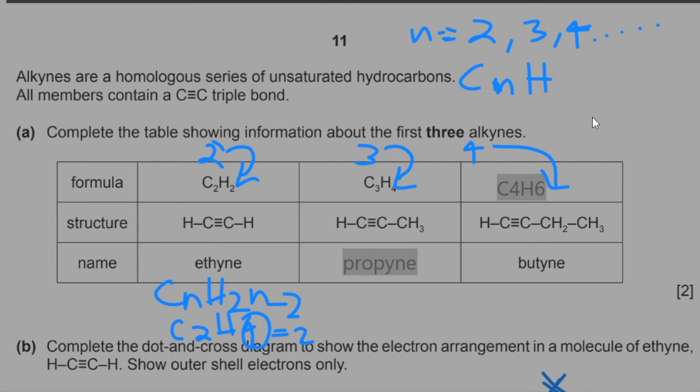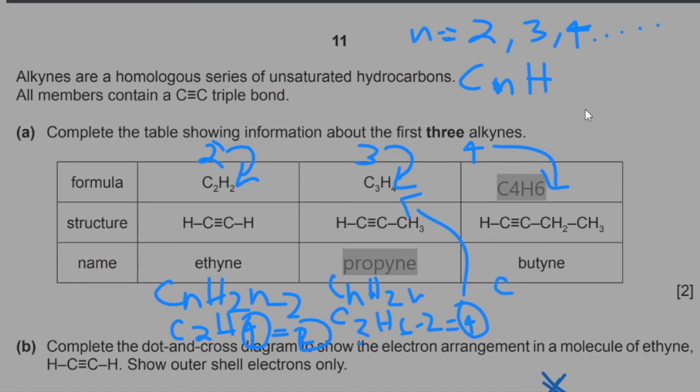Let's try this on the third compound. You'd have CnH2n, so you have C3 and H6. But if you subtract 2, again you'd have 4, which is just like the number of hydrogen given in the question.